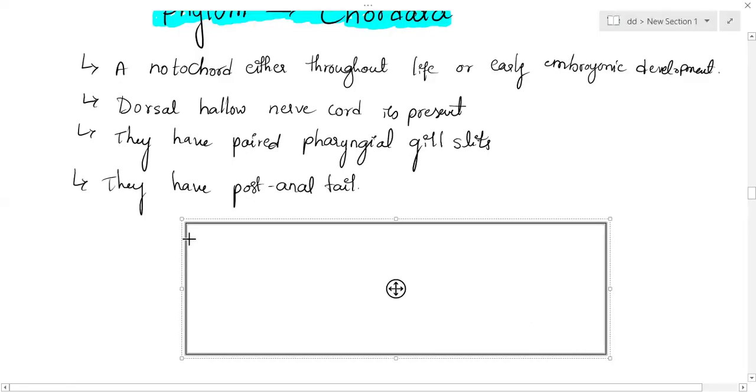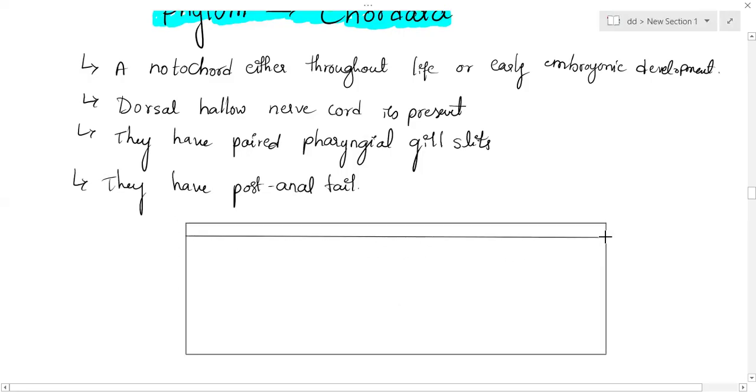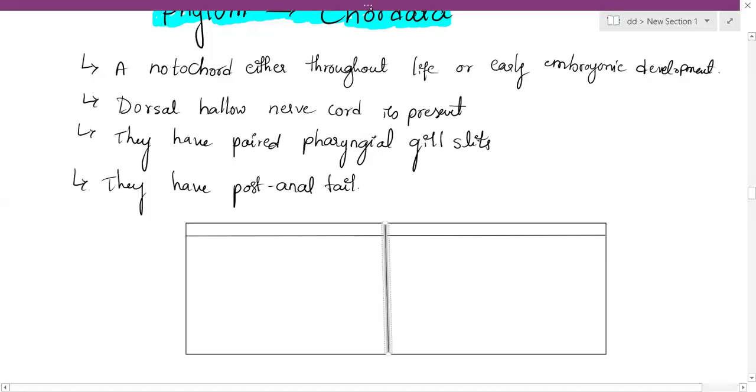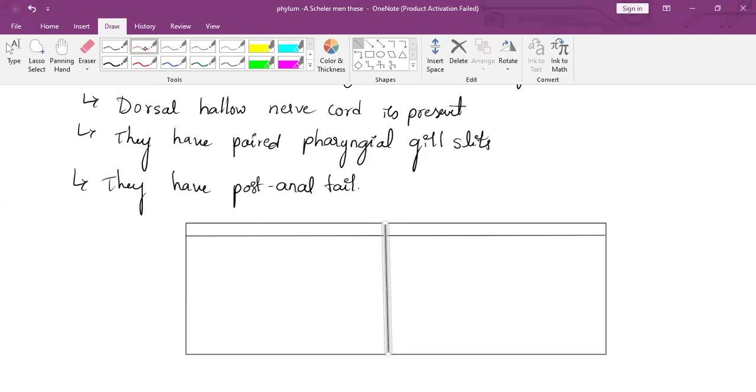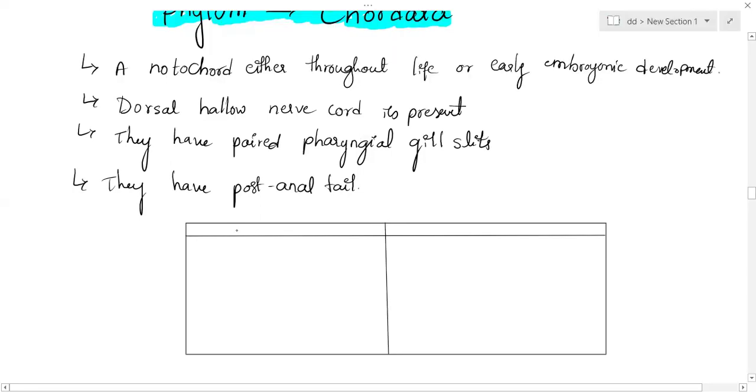Here I will write chordates, and here non-chordates.